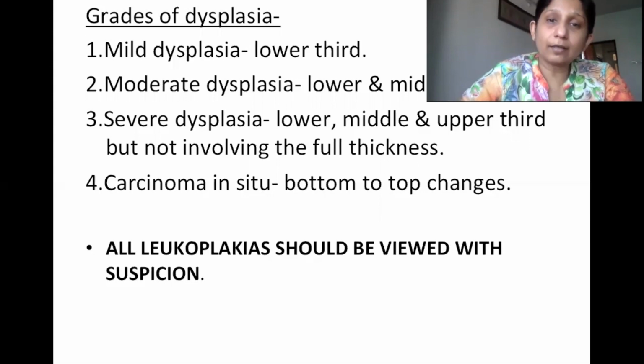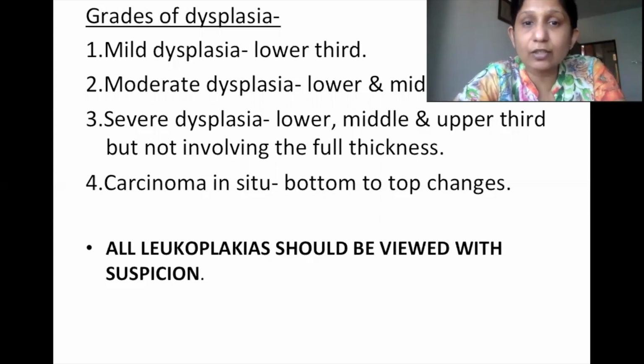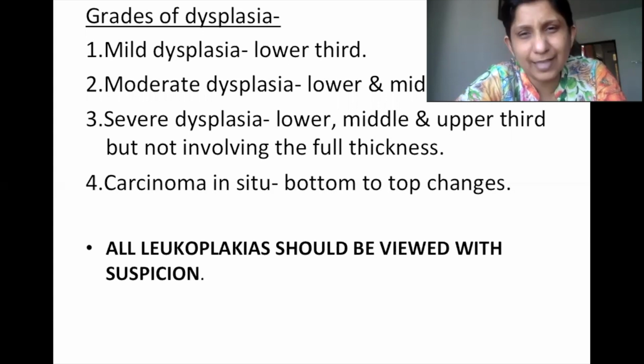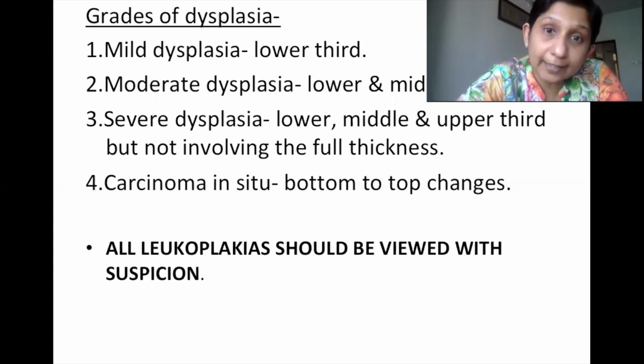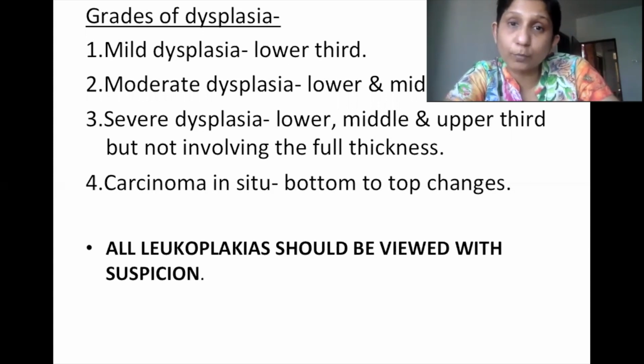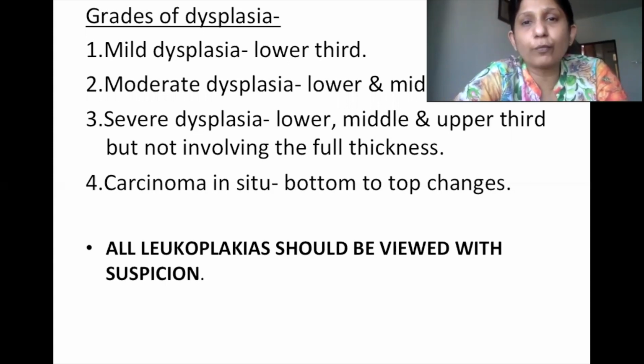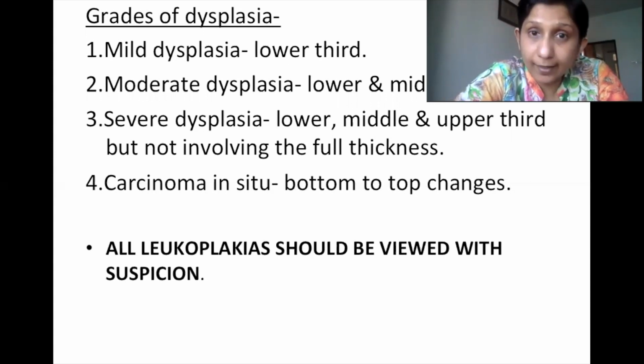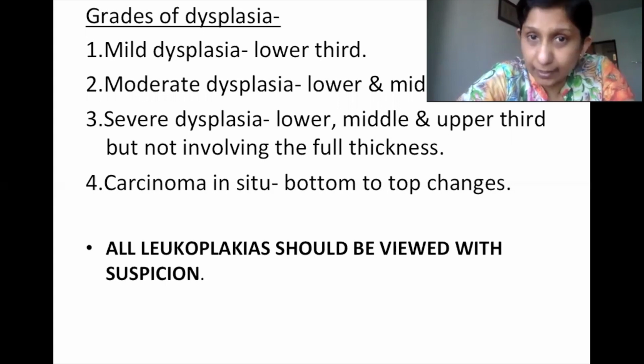When you find it from the lower third to the middle third through the upper third, but not involving the entire thickness, you call it severe epithelial dysplasia. And when it occurs in the entire thickness of the epithelium, you call it carcinoma in situ. That is bottom to top changes, because you find the entire epithelium being affected by dysplasia.